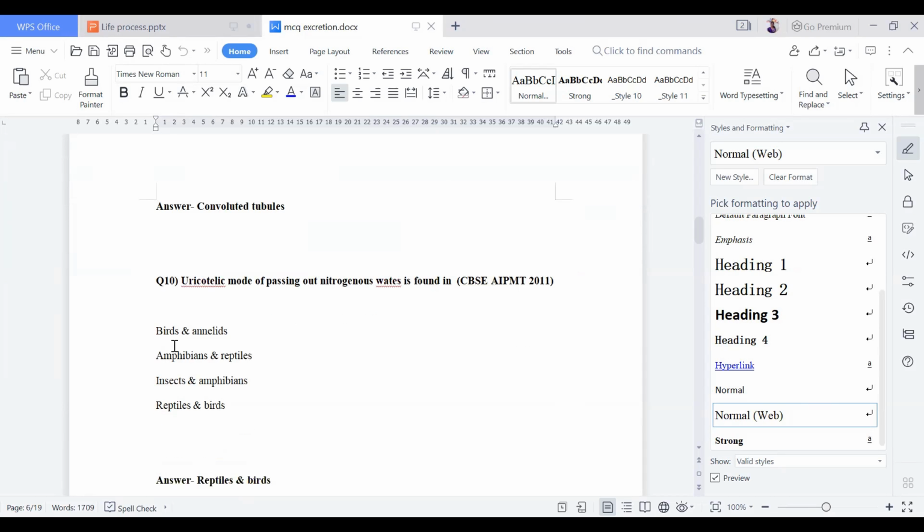So here, reptiles and birds, that is, they will excrete uric acid in the form of a nitrogenous waste.